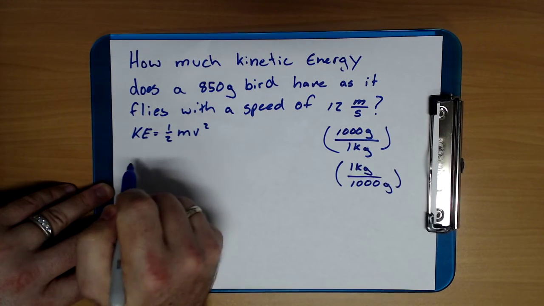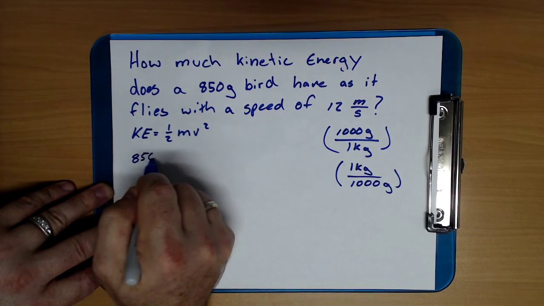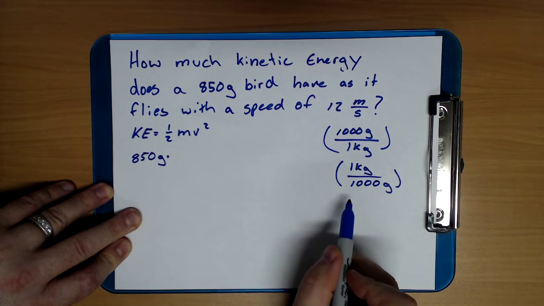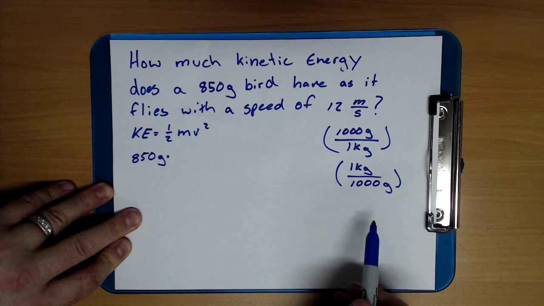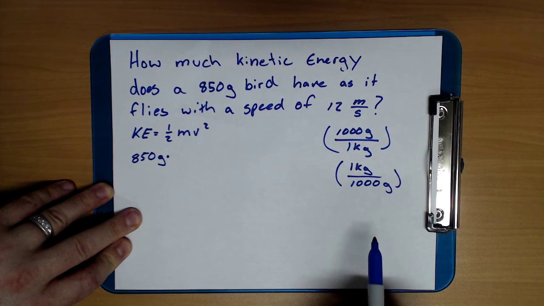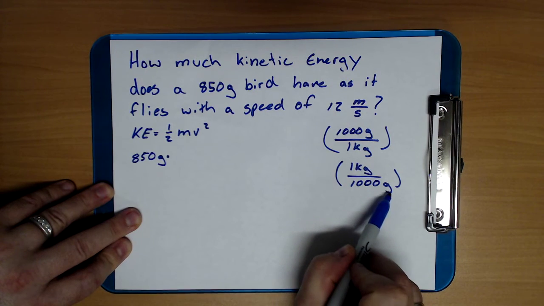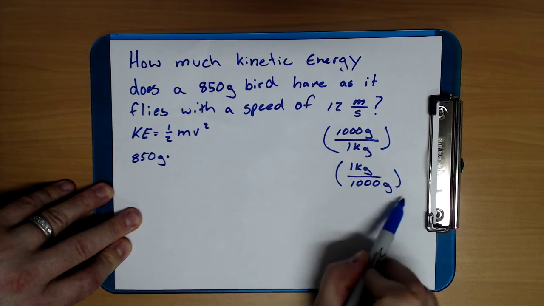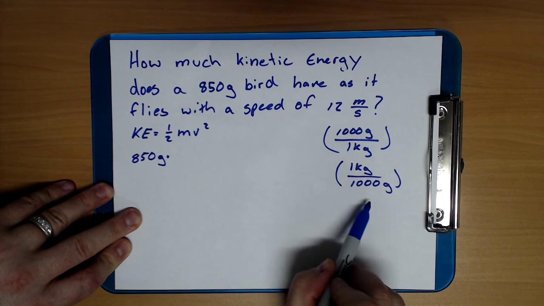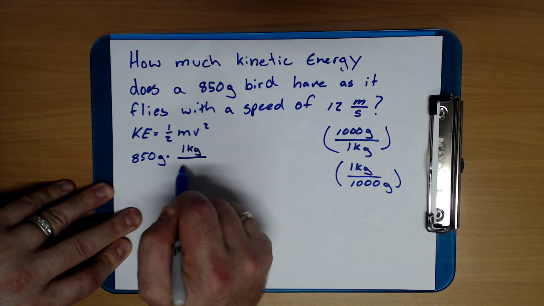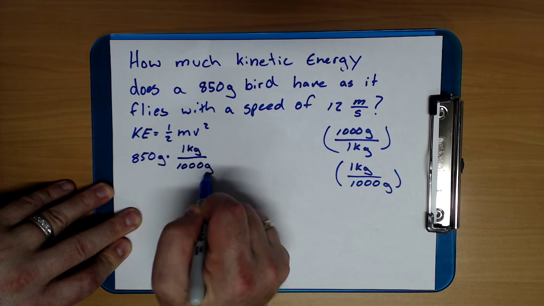So let me come over here, 850 grams, and then I'm going to multiply this by the correct fraction that's going to cancel out grams. We're doing math on the grams, and I need a gram in the numerator, that's that one. But I'm going to need a gram in the denominator. So this is the right conversion factor, not that one. So 1 kilogram over 1,000 grams.